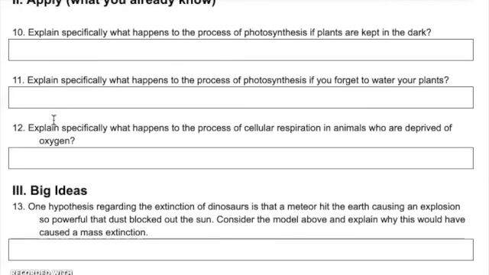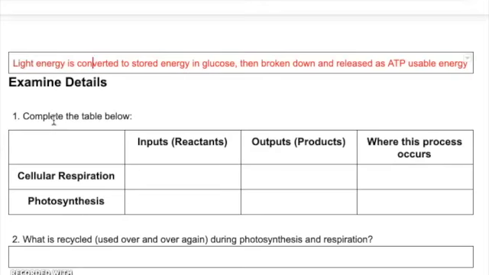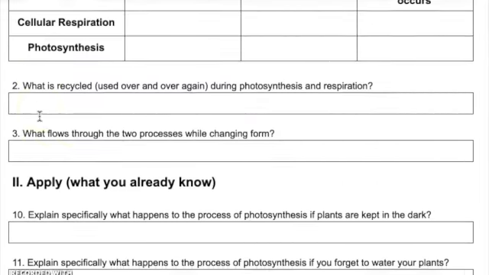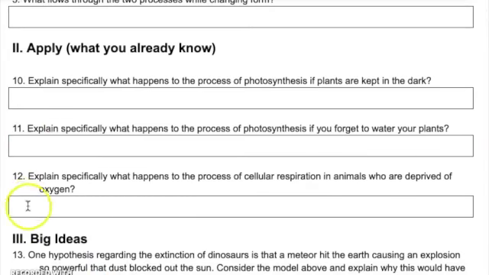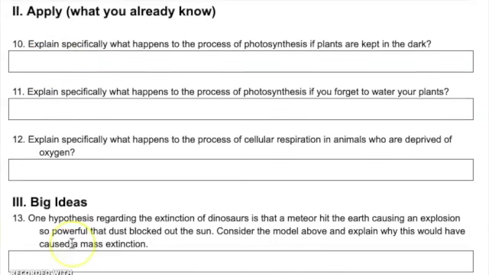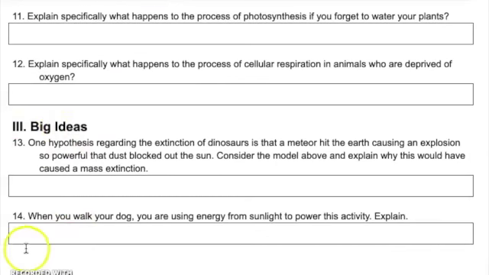I will include a key for 1 through 12 here. Obviously I'm going to talk about the answer of 10 right now. And then there's 2 down here that are considered big ideas. I don't want to outright give you the answer for that right now, but when I see you again in class, I want to talk about these 2.